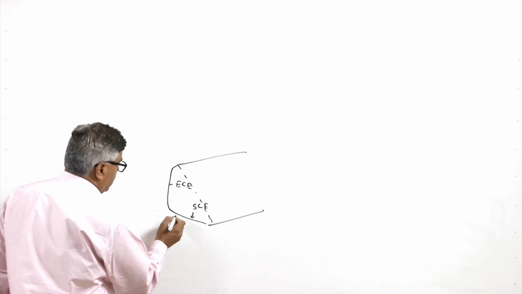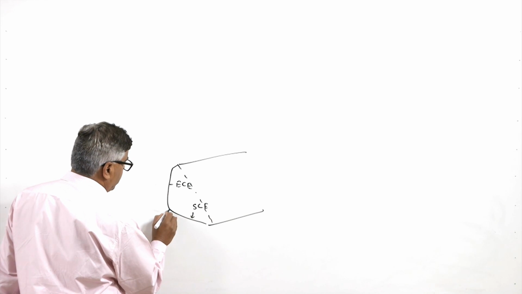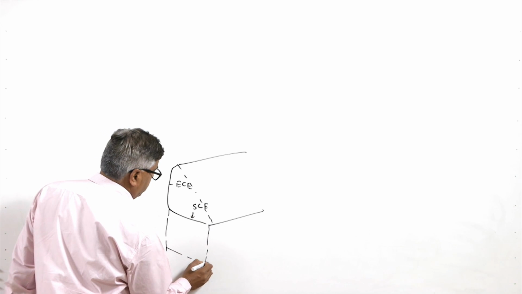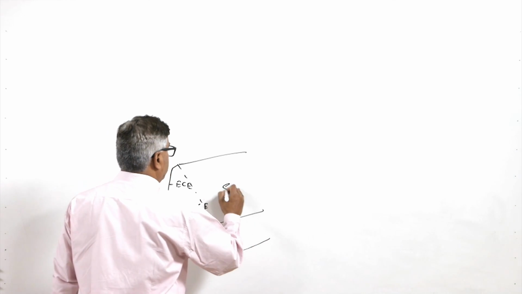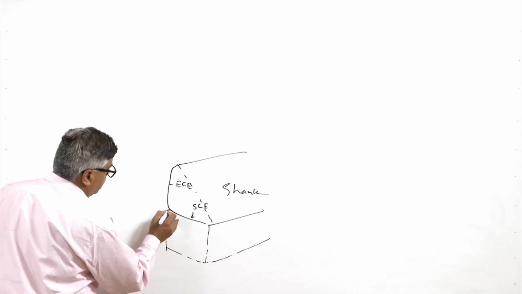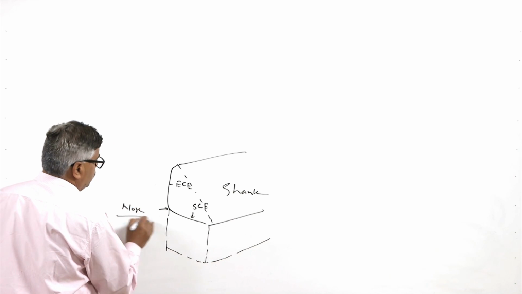This is the edge which will be working with the workpiece, and this is the lower portion of the cutting tool, the shank. This is the nose of the tool.